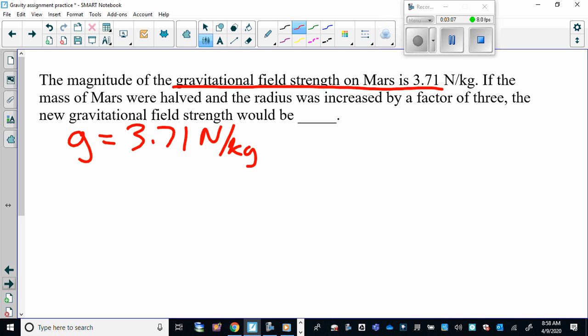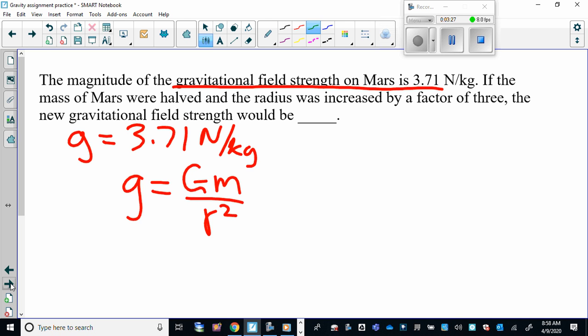We're going to have half the mass of Mars, and we're going to increase the radius. This is all based on the formula: the gravitational field strength equals big G times m divided by r squared.